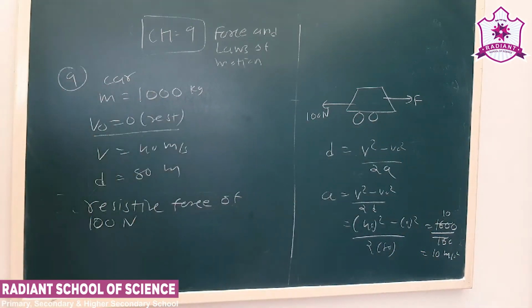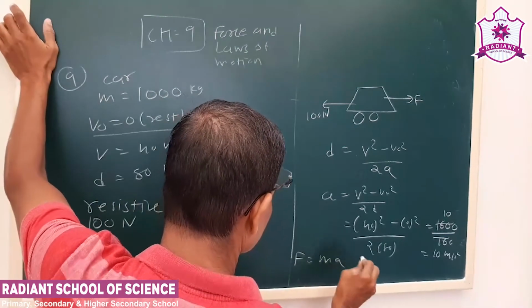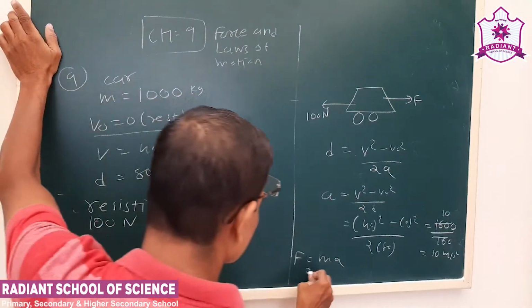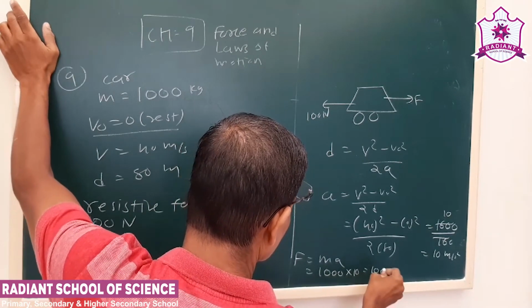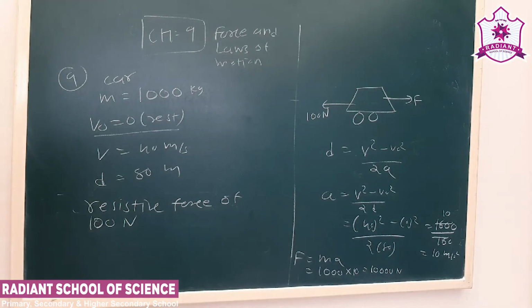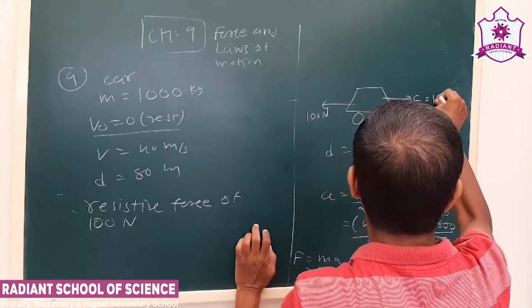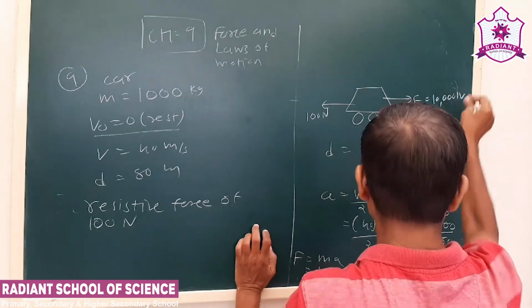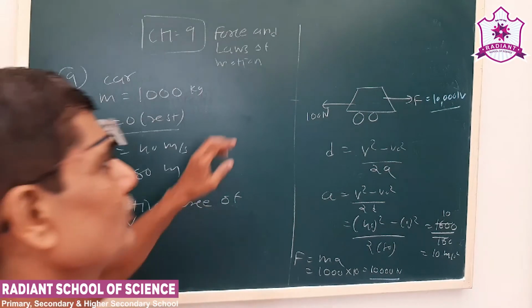Now see, F is equal to ma. Mass is given as 1000. So our external force we have obtained is 10,000 Newton.